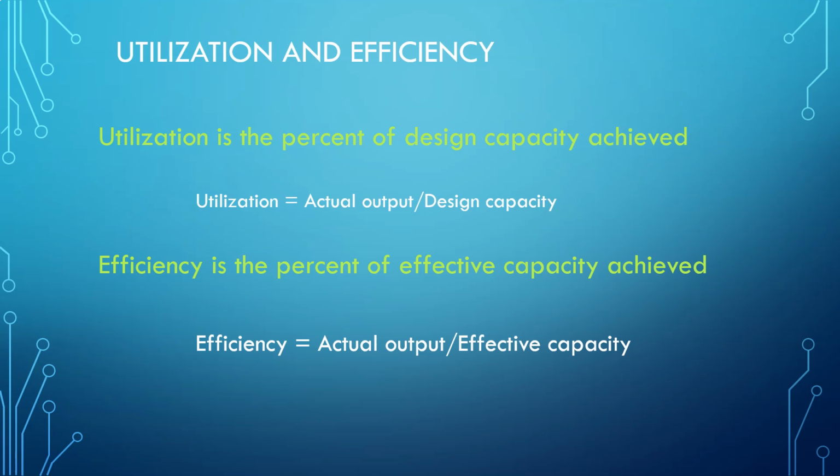Based on the definition of both design capacity and effective capacity, we can define and calculate utilization and efficiency of the machines. Utilization is the percent of design capacity achieved, which is equal to actual output divided by design capacity, while efficiency is the percent of effective capacity achieved, which is equal to the actual output divided by effective capacity.